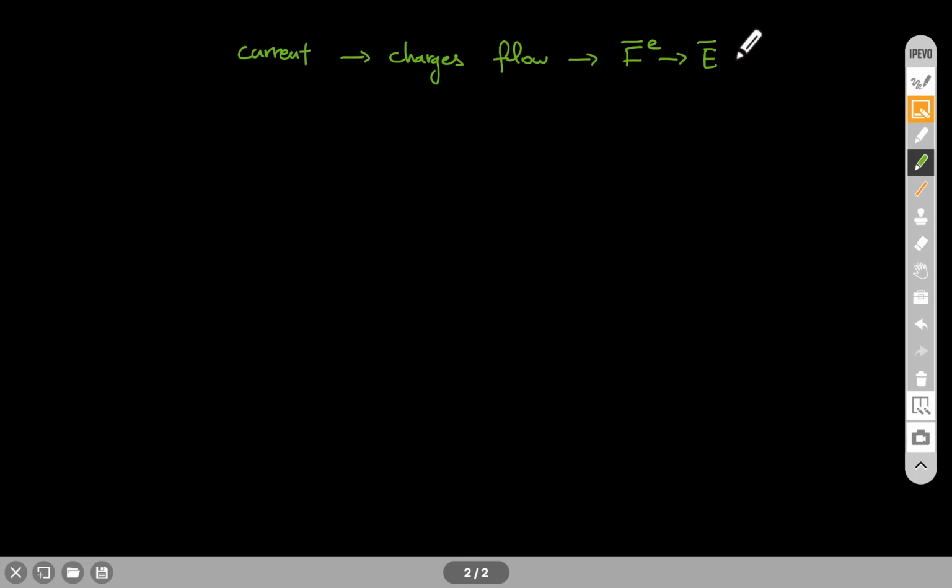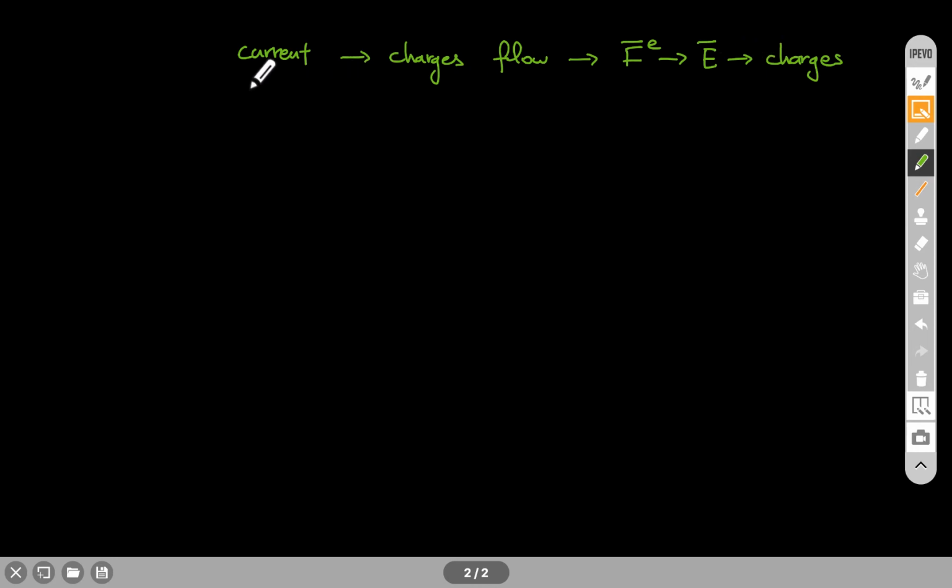Now, constraining myself to the case of electrostatics, where electric fields are produced only by charges, in order to have an electric field, I need to have charges creating that electric field.